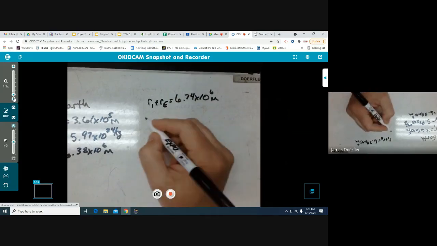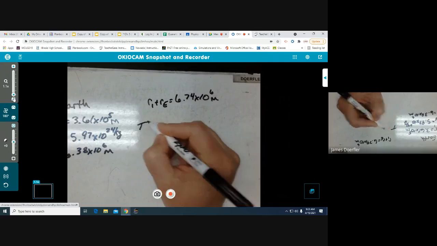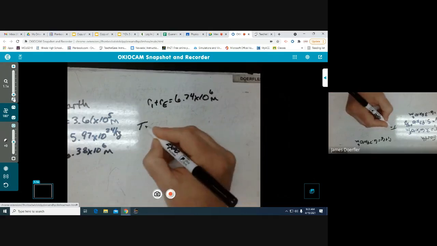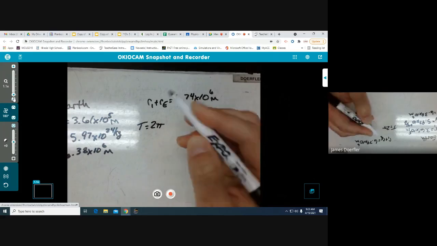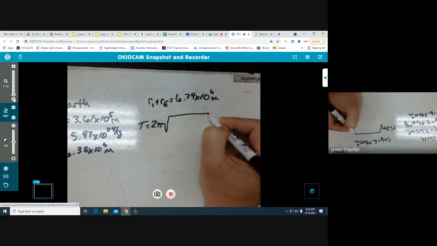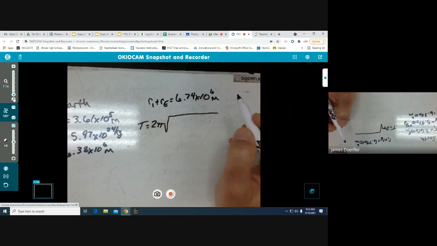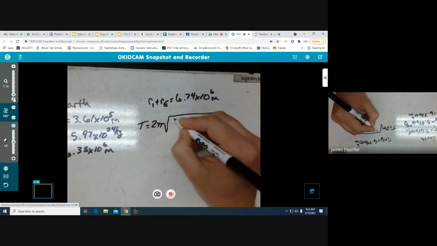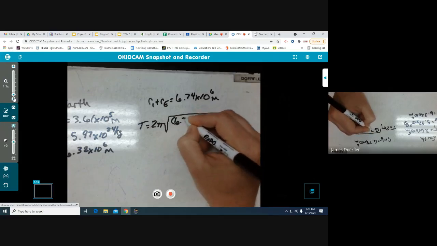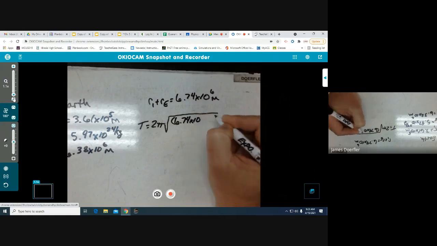So let's calculate period first. Period is equal to 2 pi multiplied by the square root of our overall distance, which is also going to be cubed, 6.74 times 10 to the 6th cubed.